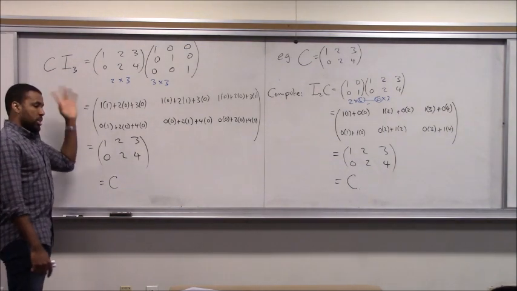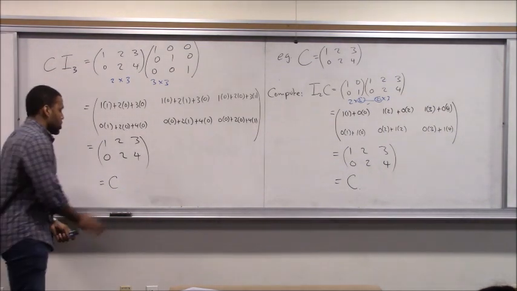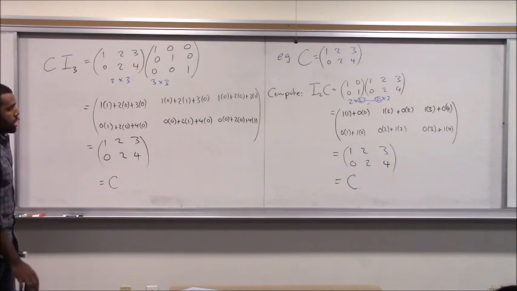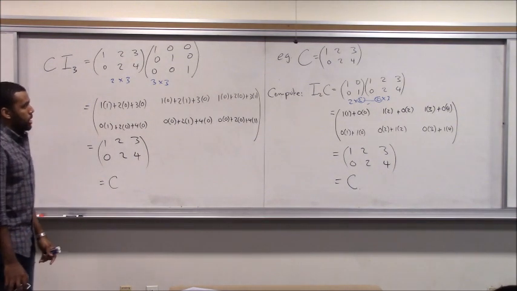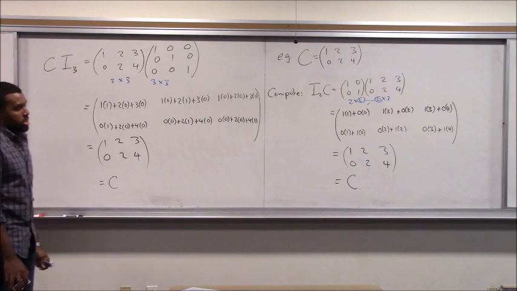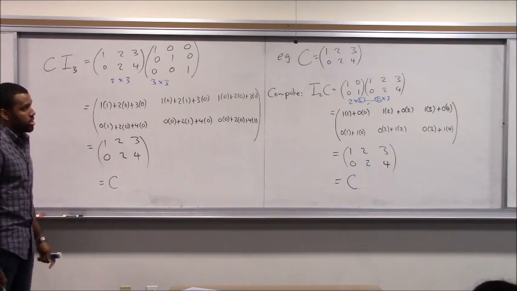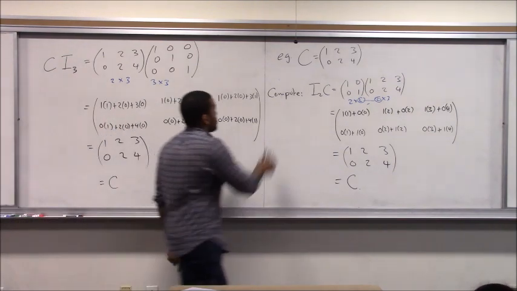Okay? So remember, matrix multiplication is not commutative in general, so the order does actually matter, and that will make a lot of difference. In general, square matrices will be the only ones where the same identity on either side can work.